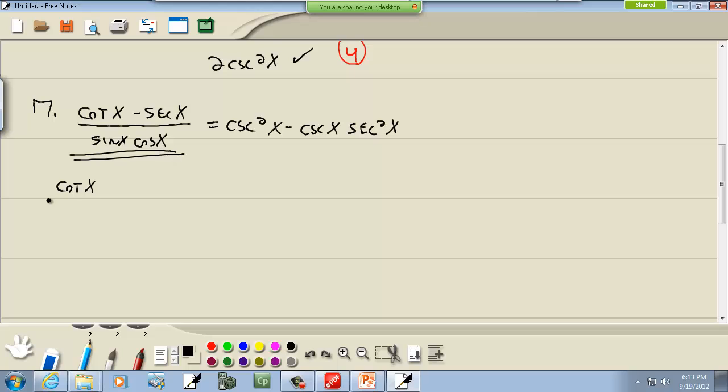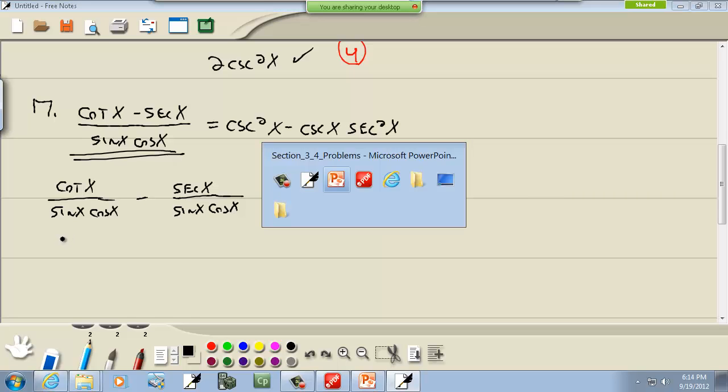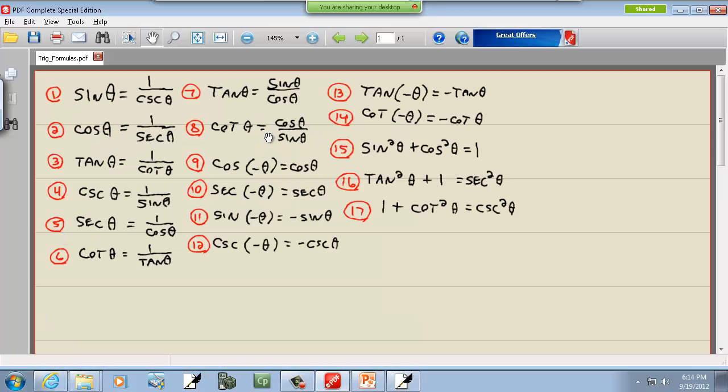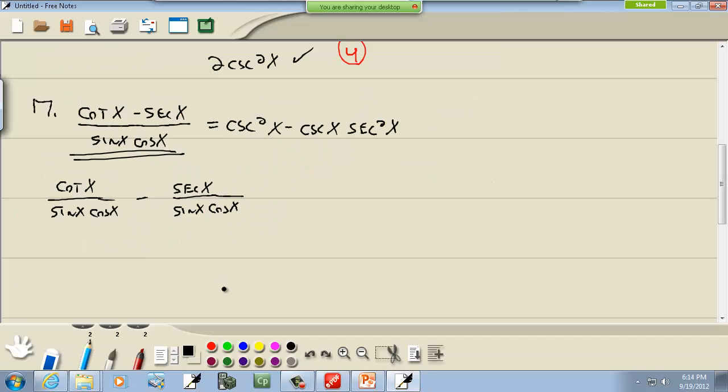So we got cotangent x over sine x cosine x minus secant x over sine x cosine x. Let me see. Cotangent is cosine over sine, from number 8.